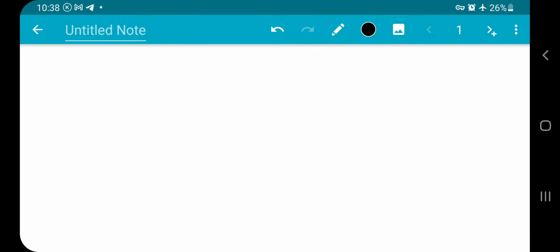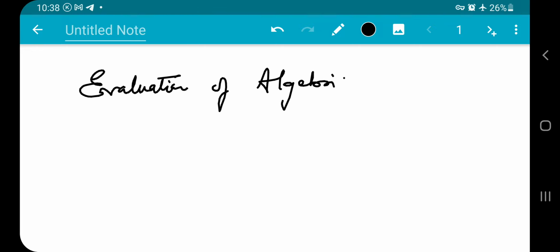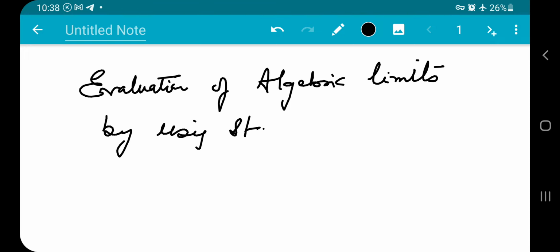Now the next one is evaluation of algebraic limits by using standard limit.